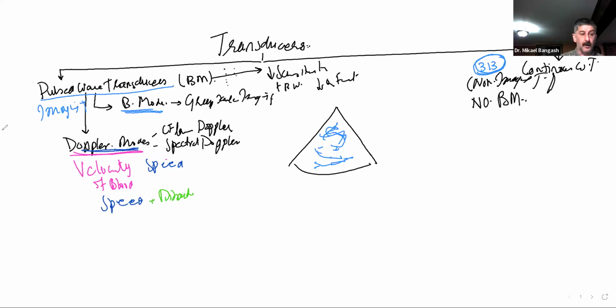Now, guys, that Doppler info can be in what we call color flow, where we have color filled into that black and white image. That's what we plainly call a color Doppler.